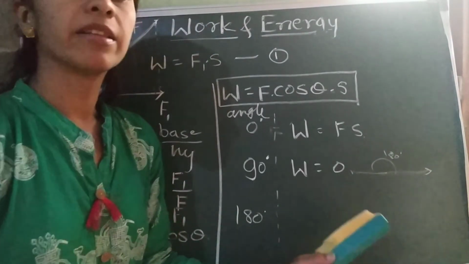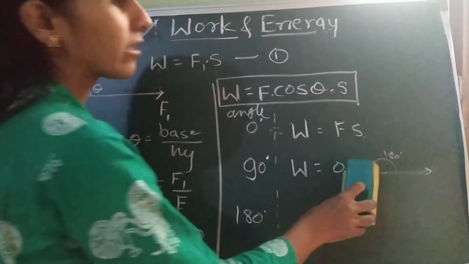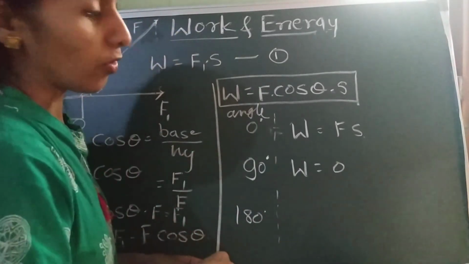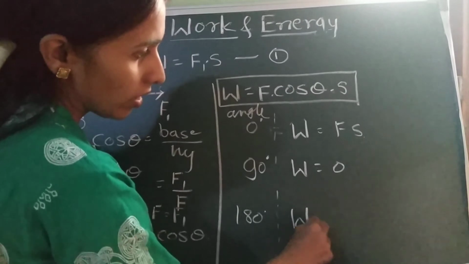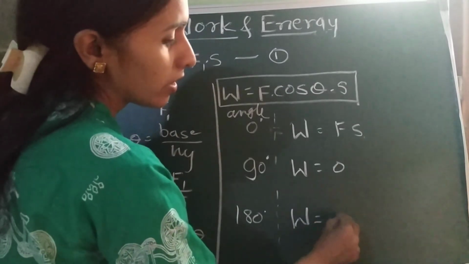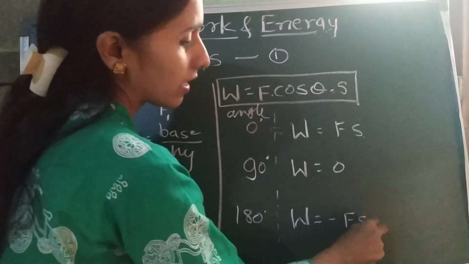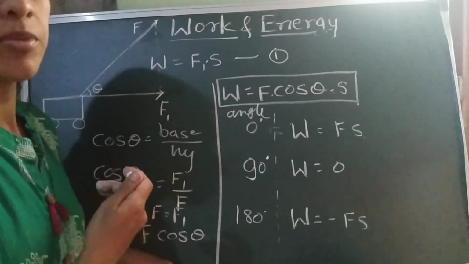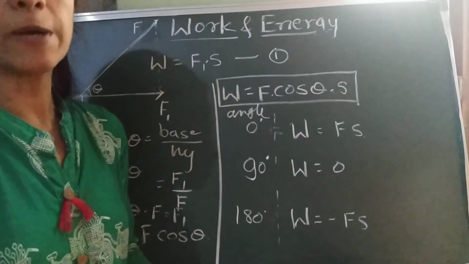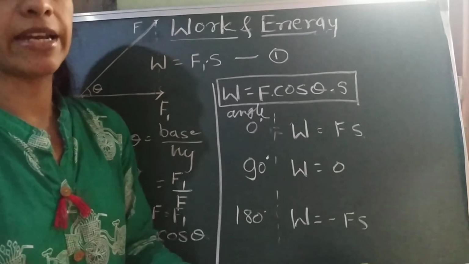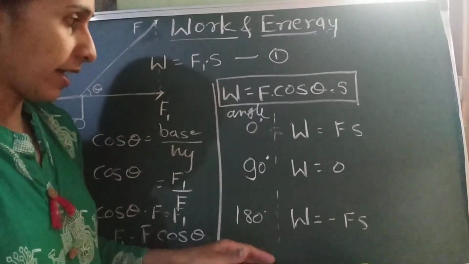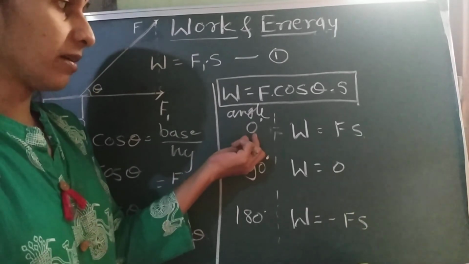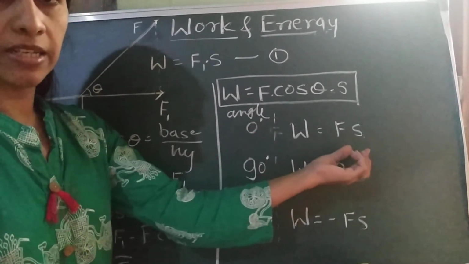At that time there is work done, but it is negative work done. So work done is equal to negative Fs, negative because it is in the opposite direction. This means when the angle is 0 degrees, the work done is positive.